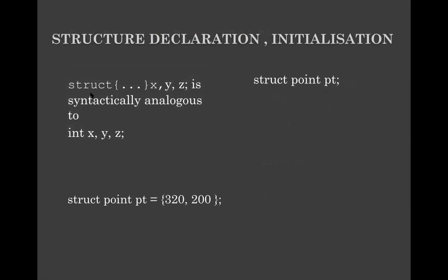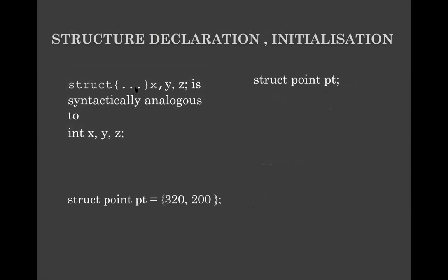In the earlier slide, we saw struct tag. Whereas here you can see the keyword struct, and opening braces and closing braces. Within this, you declare the members of this structure, followed by these variables. So x, y, and z are the variables of this structure.